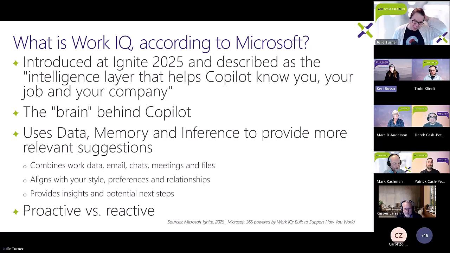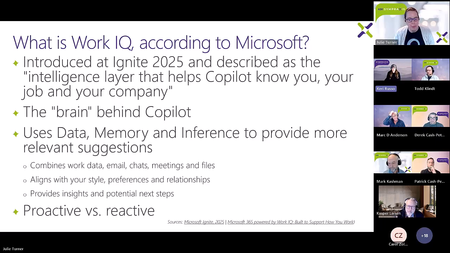Yeah, and a lot of this too, listening to the keynote and looking at some of the blogs, it is worded just like that according to Microsoft. So this brain behind Copilot, this intelligence layer that, as Mark said, helps Copilot know you, your job, and your company. I'm trying to get my head around it a bit, like what does this really mean? It's that second bullet, the brain behind Copilot, that feels like it should be different, right?